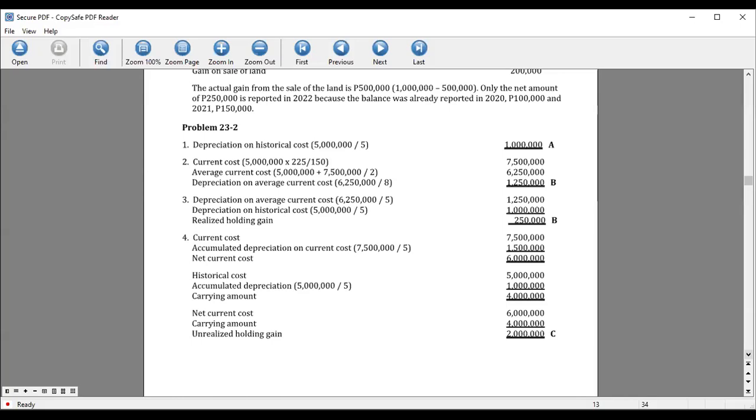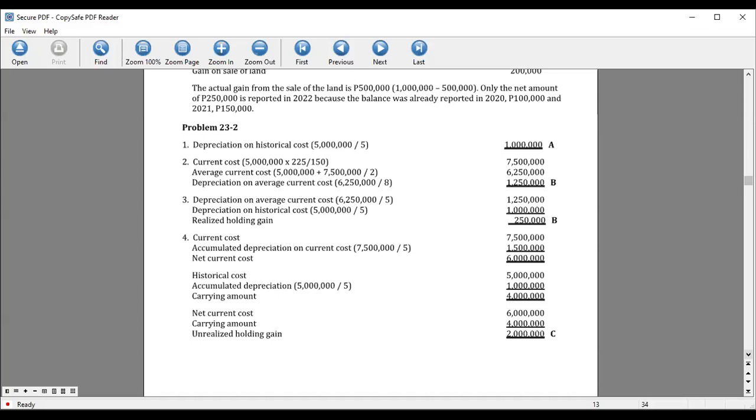Then the depreciation on average current cost is 6,250,000 divided by 8. The question is, what amount of depreciation should be reported in the current cost income statement? The depreciation is computed using the straight line method, so we have the estimated useful life of the equipment of 5 years with no residual value.